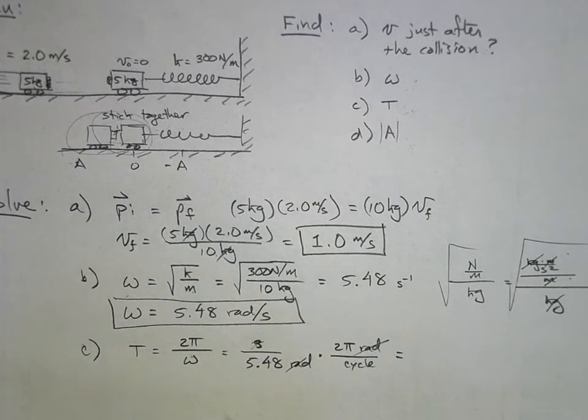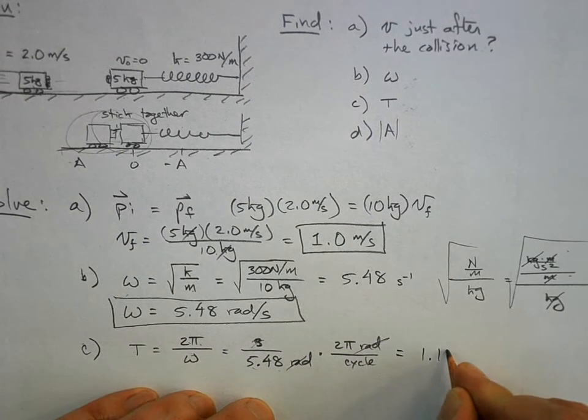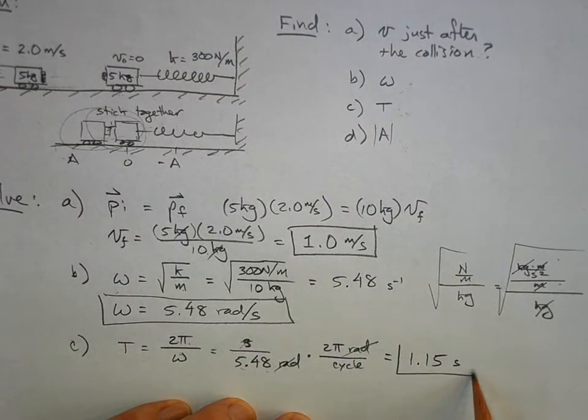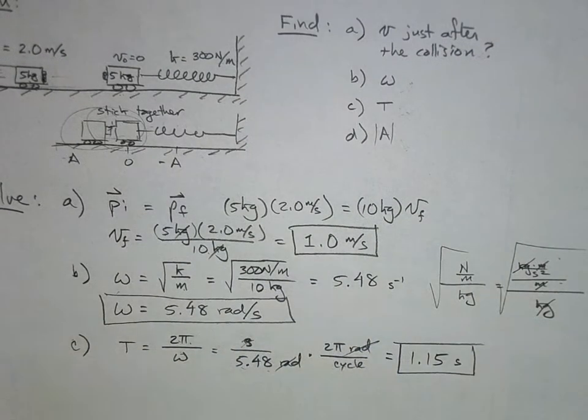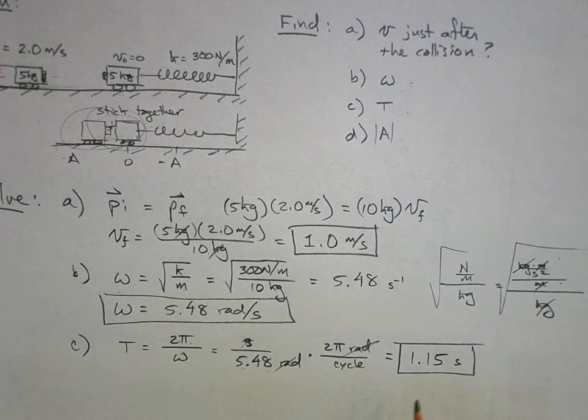And then when you go 2 times pi divided by 5.48, trust me, you'll get 1.15 seconds. Am I right? Oh, yeah. Right on. So this thing is going to oscillate once every 1.15 seconds.